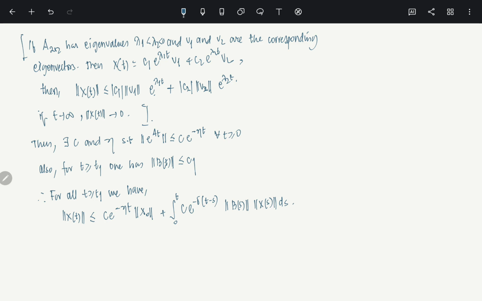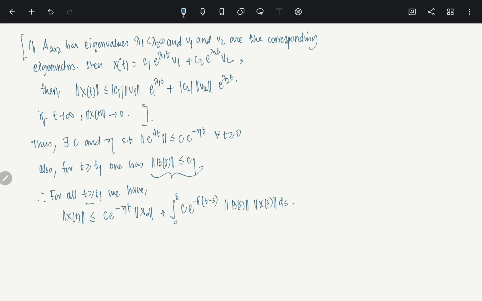Maybe I have to break it up, because I only have this estimate for t greater than t1. I need a different estimate for t less than or equal to t1.